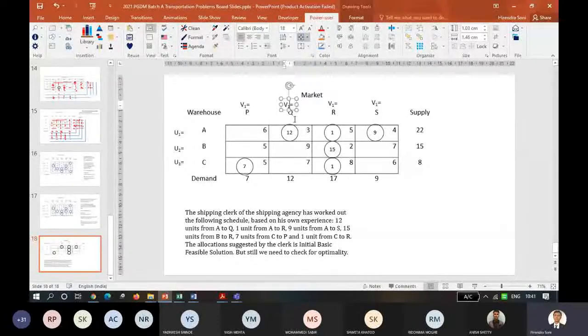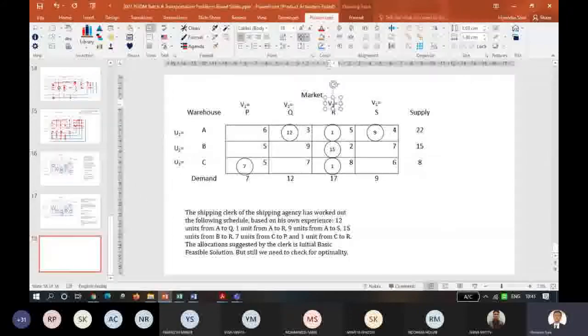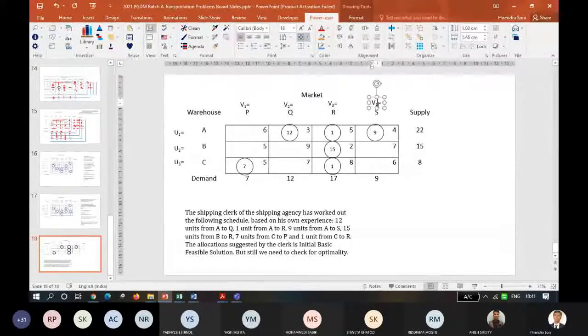So this would be V1, V2, V3, V4. कहाँ से चालू करेंगे? What about the number of allocations?